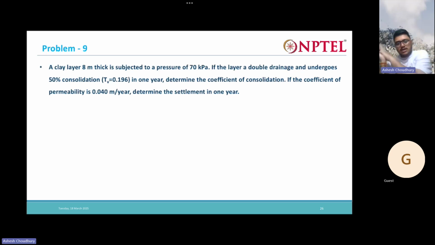The first thing that we need to do is determine the coefficient of consolidation CV. It's given that double drainage occurs and 50% consolidation occurs in 1 year. So time I know, TV I know, CV I can find out. And also the double drainage I know, so drainage path HDR I know. So CV I can find out.